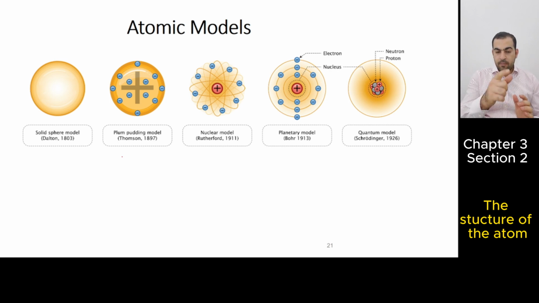That's why there's a big plus. It means the atom is like a watermelon and seeds. The watermelon is the positively charged particle, and the seeds are the electrons. They are very small in mass. Nuclear model of Rutherford: he said all positive charge is concentrated at the center of the atom.